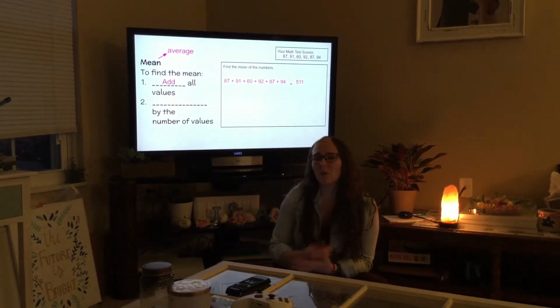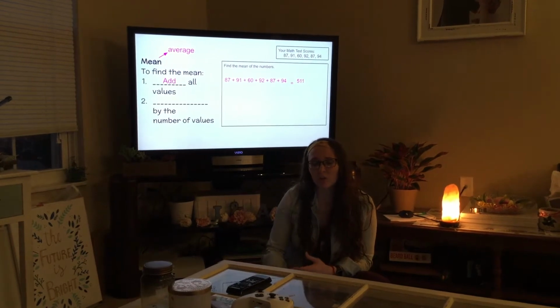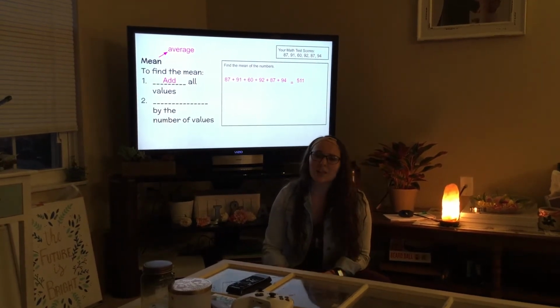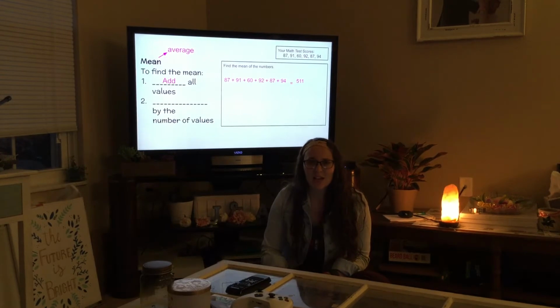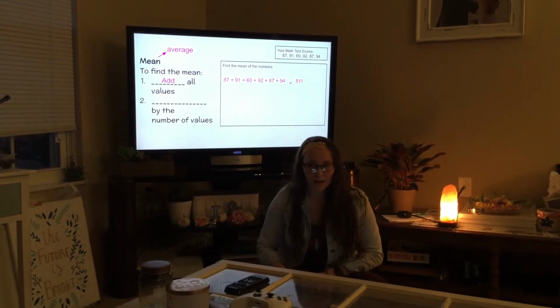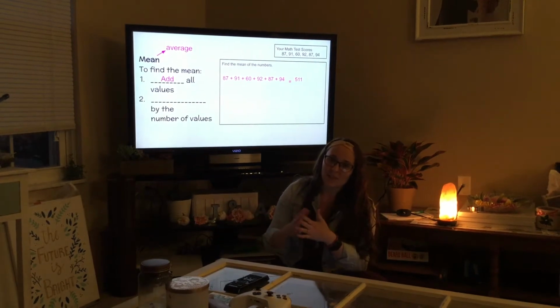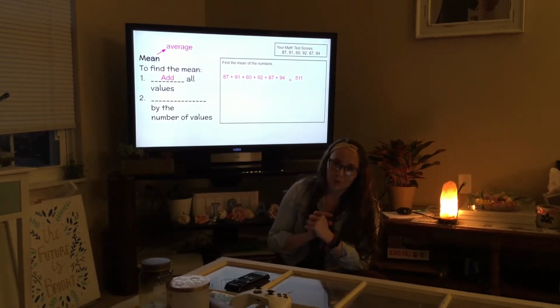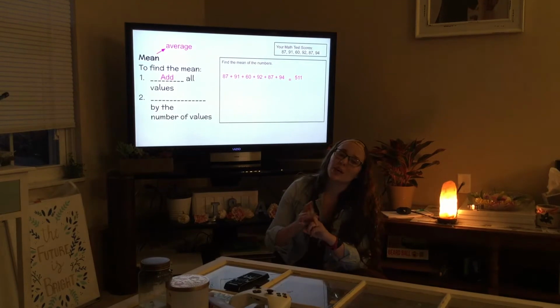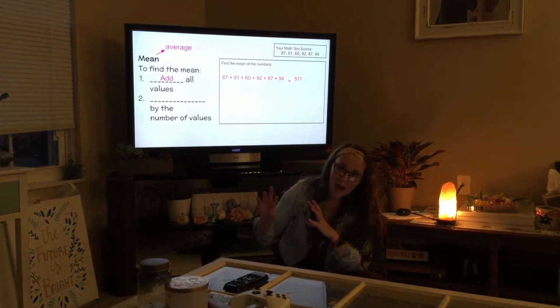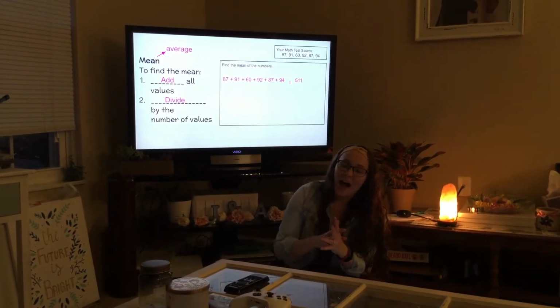It's really important that you hit enter on your calculator before doing step number 2, because if you're thinking about our order of operations, addition is towards the bottom, right? So we want to make sure that we're hitting enter after we add up all our values and find the sum of 511, okay?